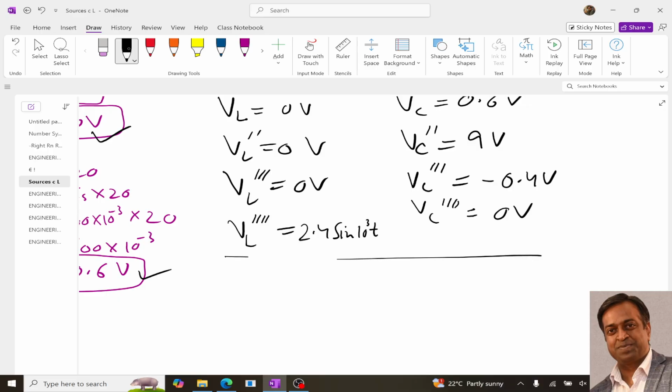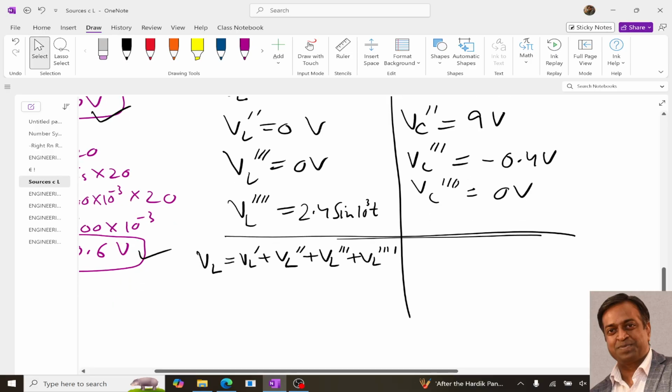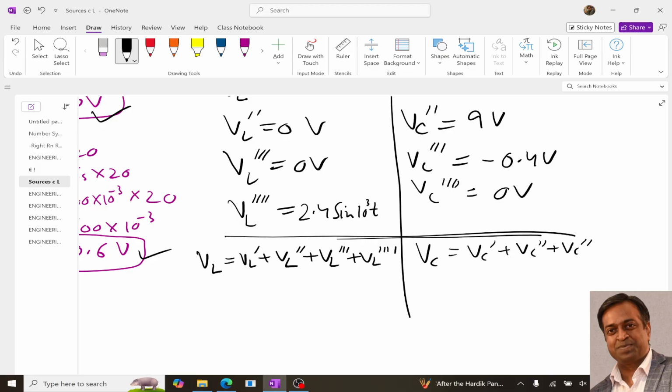And now as per superposition, VL will be equal to VL single dash plus VL double dash plus VL triple dash plus VL 4 dash. Similarly, our VC will be equal to VC dash plus VC double dash plus VC triple dash plus VC 4 dash.